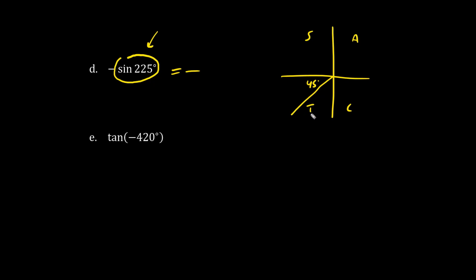Now sine is in T land, so it's going to be negative something. We take the sine of the reference angle, and sine 45 is root 2 over 2. Two negatives make a positive, so the answer is root 2 over 2.